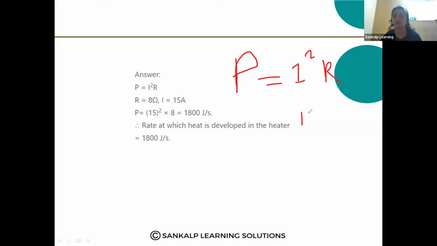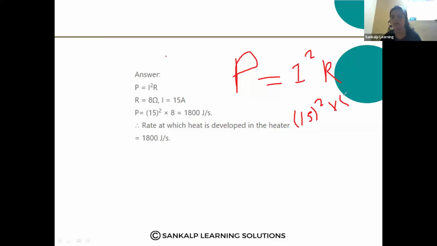Okay. I is 15 ampere, that is I square. R is 8 ohms.